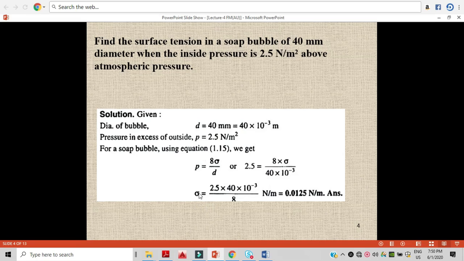We can calculate the surface tension of the soap bubble, which is equal to 0.0125 Newton per meter. It's so simple. If this bubble wants to survive, the surface tension of the fluid must be 0.0125.